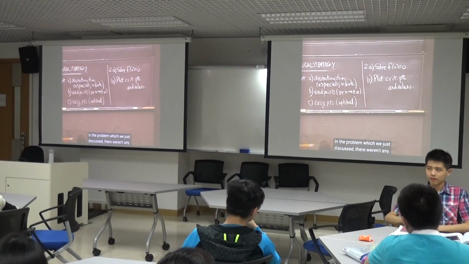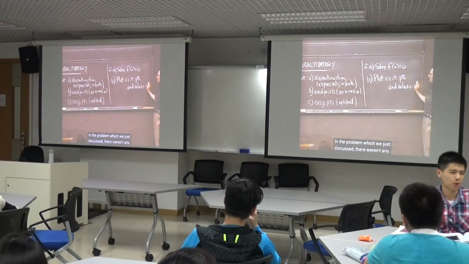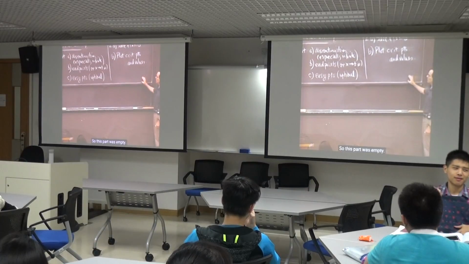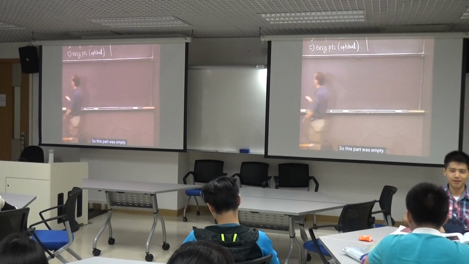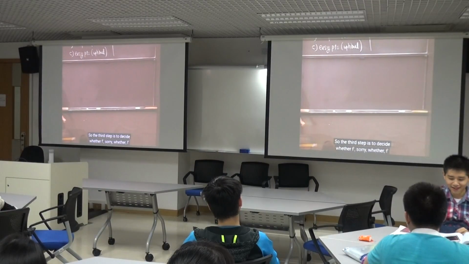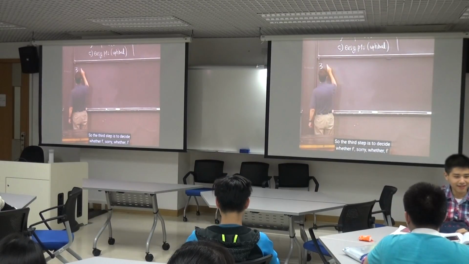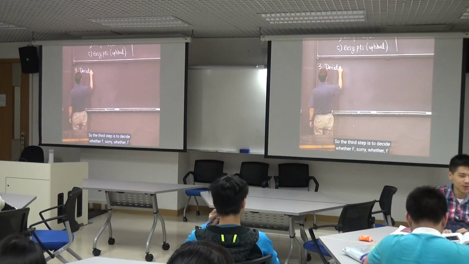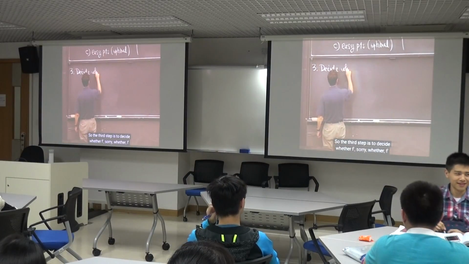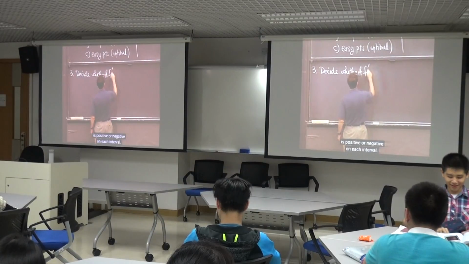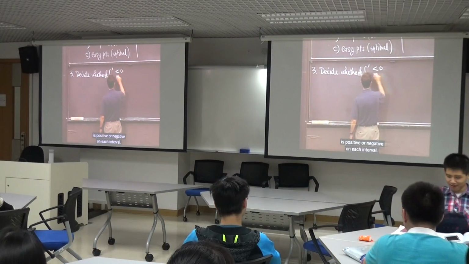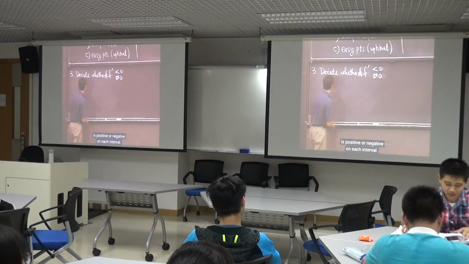In the problem we just discussed, there weren't any. So this part was empty. All right, so the third step is to decide whether f prime is positive or negative on each interval.